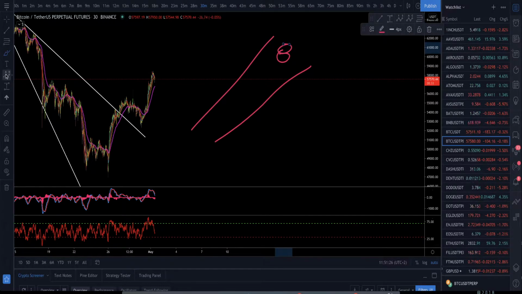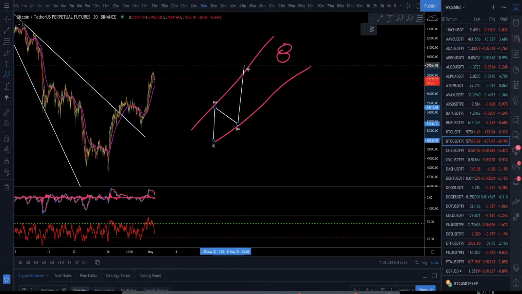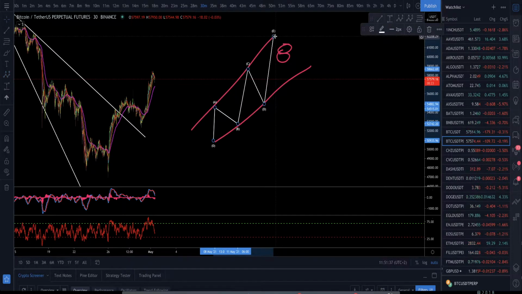It is not necessarily needed to go all the way according to the pattern, right? Like A, B, C, D, E. It doesn't work all the time. Sometimes it works, right? Goes here, but most likely it will end up here.